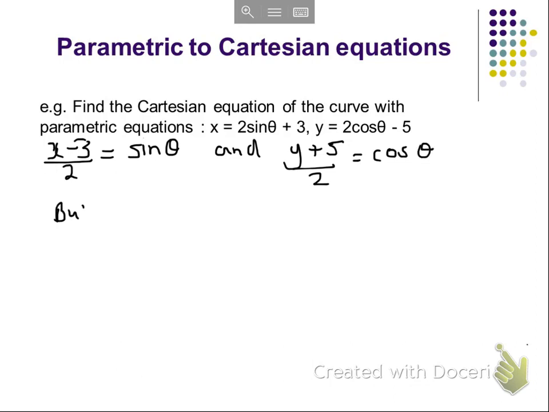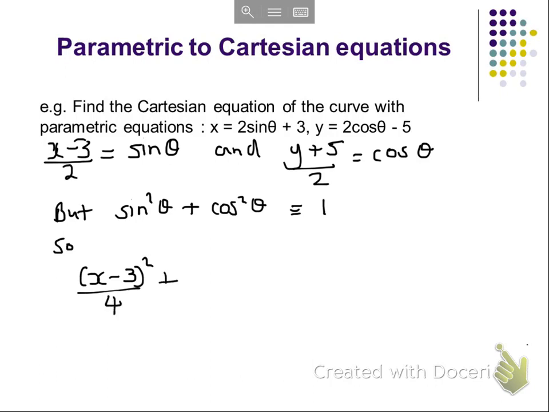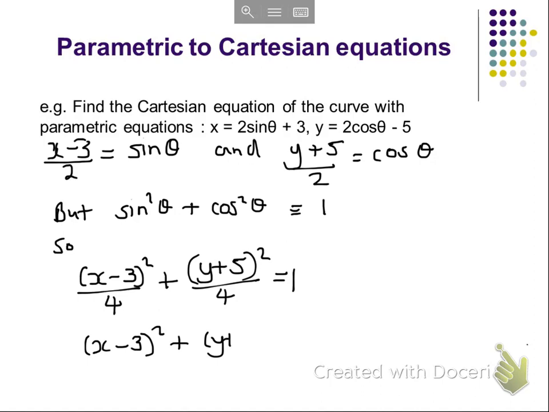Then using sine squared theta plus cos squared theta equals 1, I can say that (x minus 3) all squared over 4 plus (y plus 5) all squared over 4 must equal 1. So (x minus 3) all squared plus (y plus 5) all squared will equal 4.